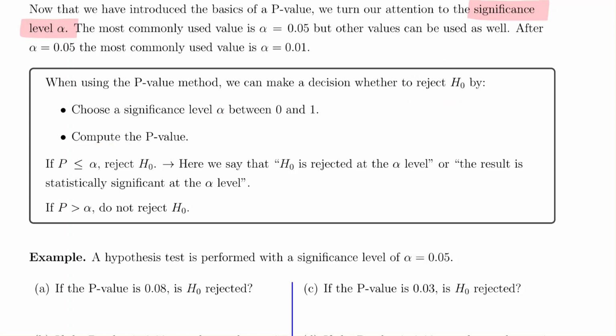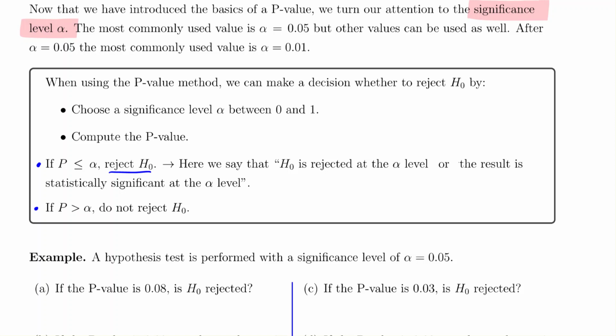Well, if the p-value is less than or equal to alpha, we reject H0. Here we would say H0 is rejected at the alpha level, so we would list what level we rejected it at, or we could equivalently say the result is statistically significant at the alpha level. If p is greater than alpha, we do not reject H0.